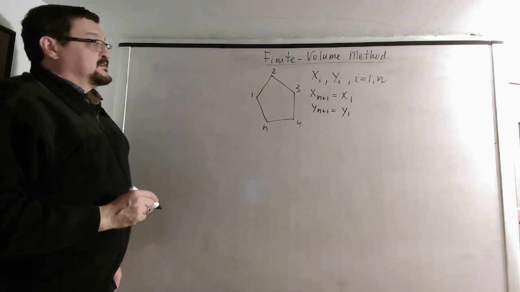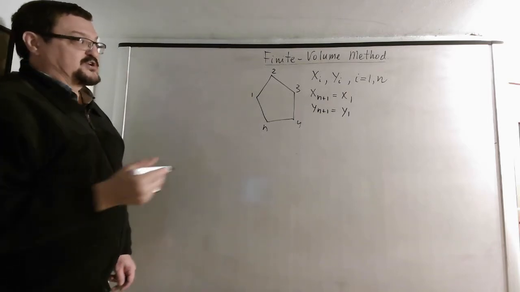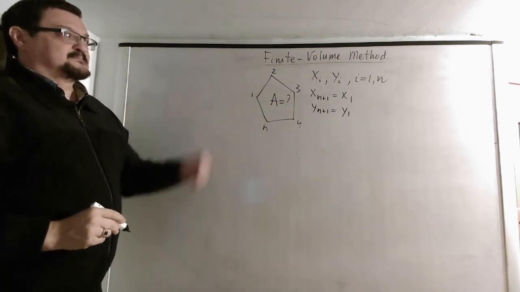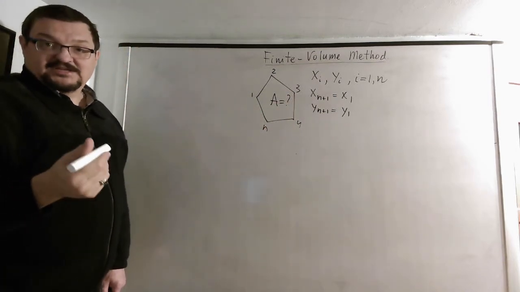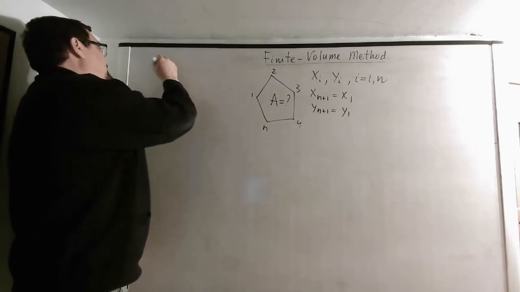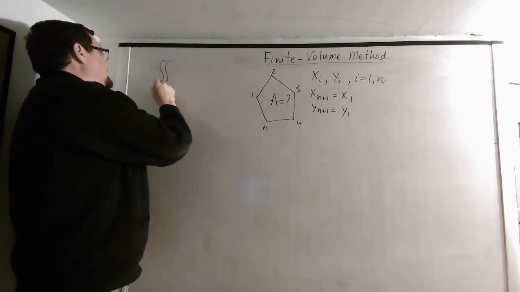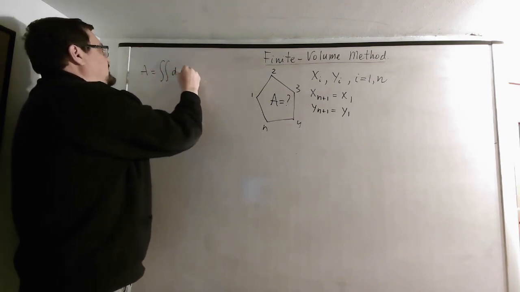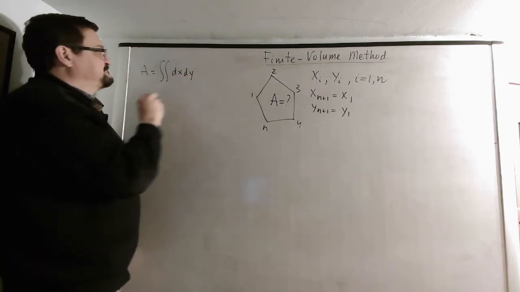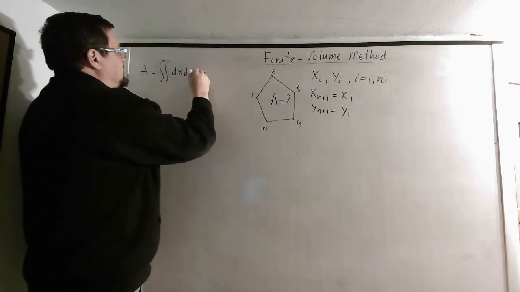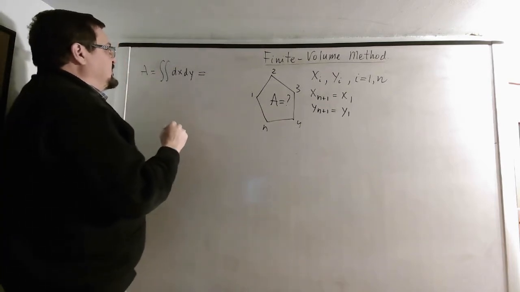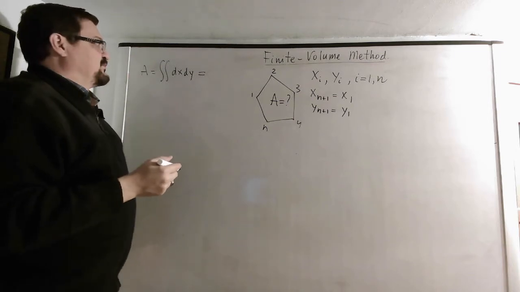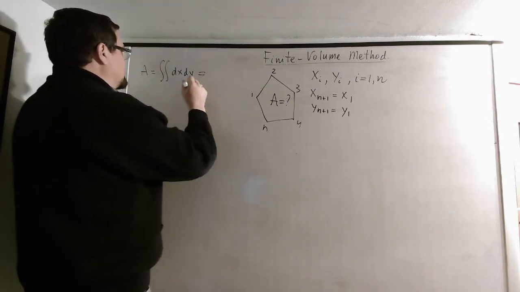So to compute this area we use Green's theorem again. We use that the double integral for area equals the integral of dx dy, where there is no function now here, and that equals what?